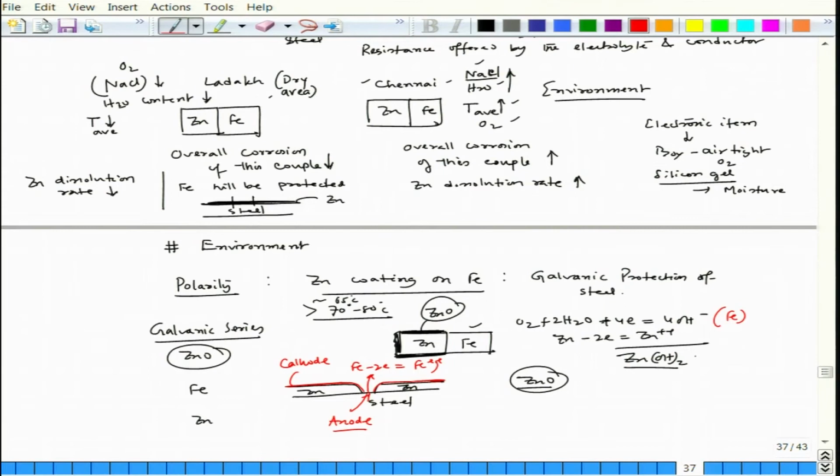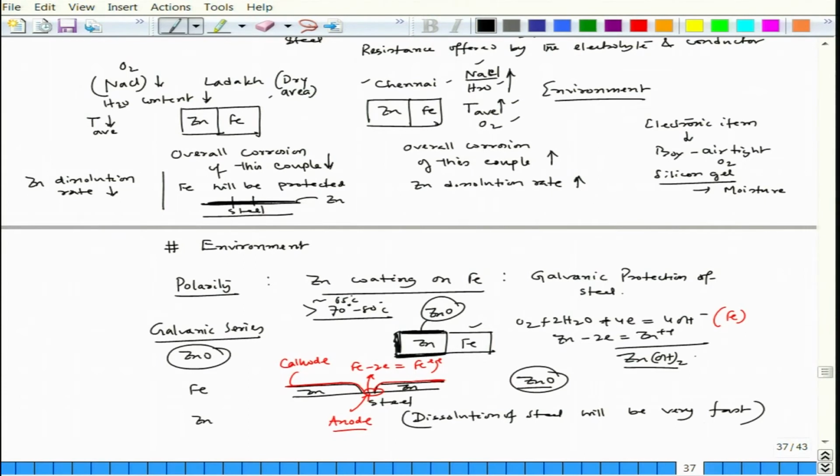And in addition to that, since there is a huge area of cathode and a small area of anode, the dissolution of steel would be very fast. Very fast. Okay.